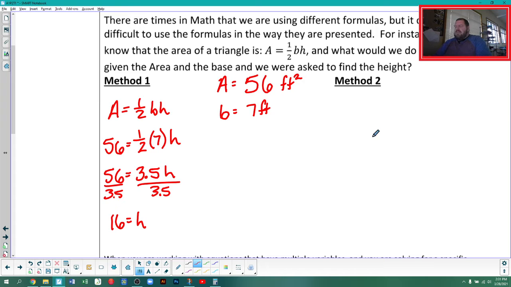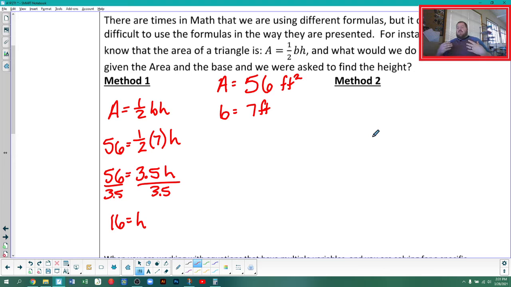And there has to be a better way. There has to be a way that if I was given a bunch of triangles, I could do this in more of an expedited fashion. I wouldn't have to multiply specific numbers and then divide by those numbers, right? There's got to be a quicker way.